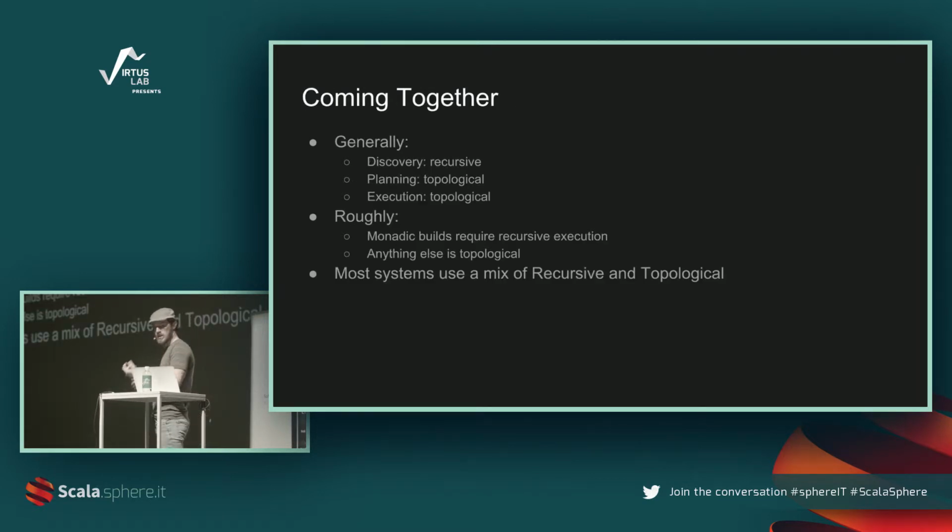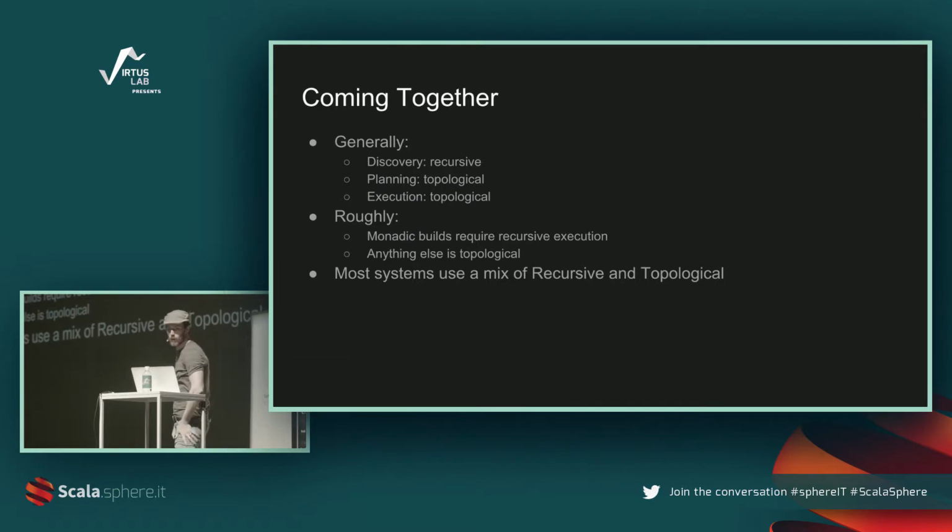So coming together, the discovery phase is generally recursive because while you're parsing the build files, you might encounter a dependency that means you have to go and parse another build file. Okay, that's actually the part that we think we want to extend. Planning is generally once you've already discovered everything that's relevant to the build, and then you're executing user logic. And then execution is also executing user logic.